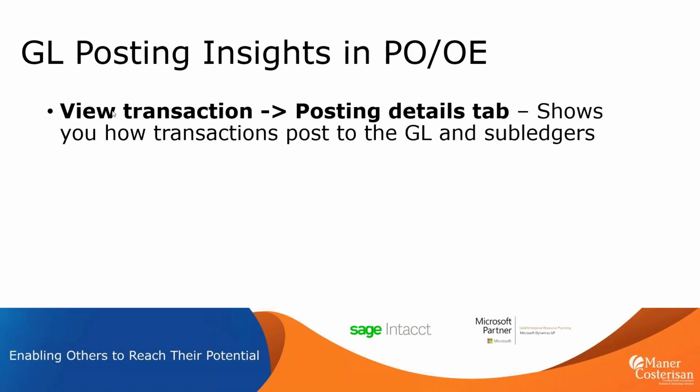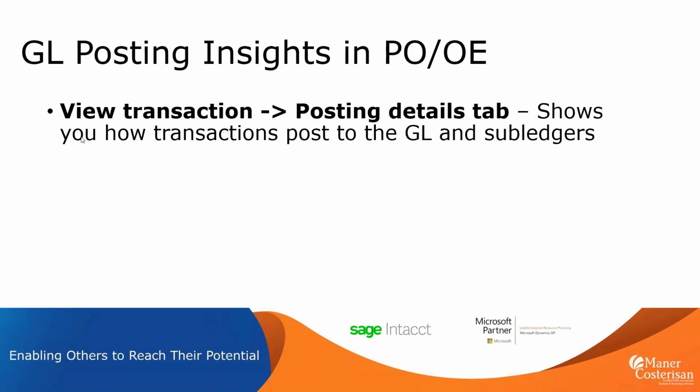Edit won't work, which after I thought about it a little bit makes a lot of sense, because when it comes to GL posting, you don't actually know how it's going to post until you post it. So if you open it up in edit mode, it's thinking that the old posting is going to be irrelevant because you're in and editing it.